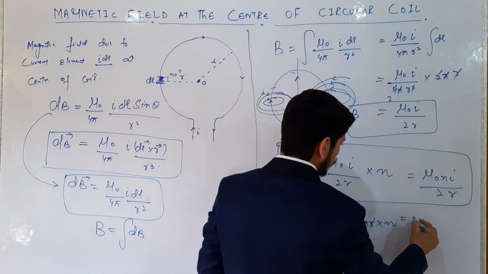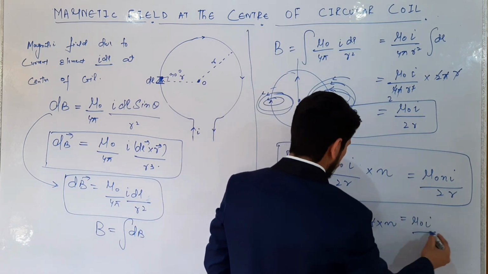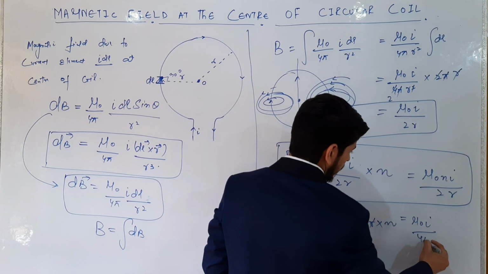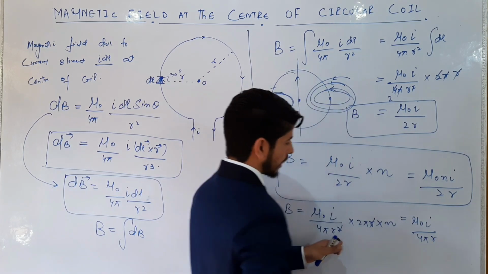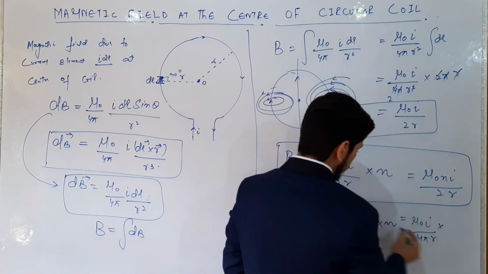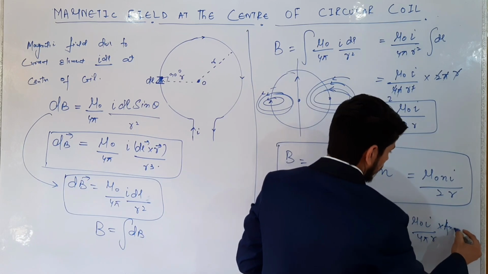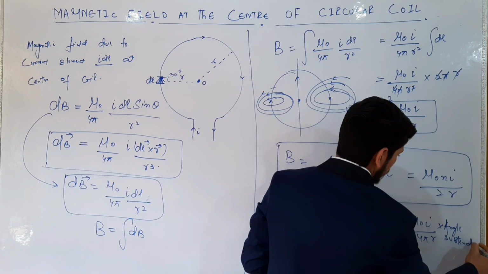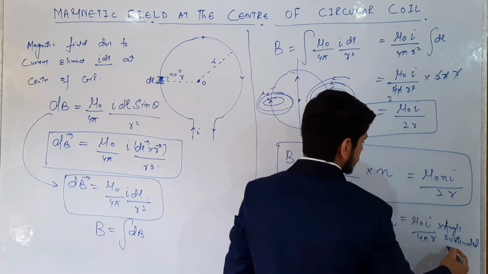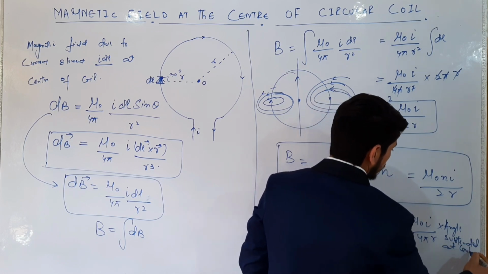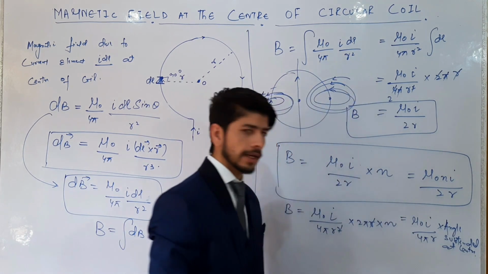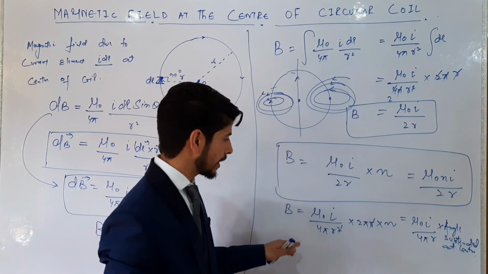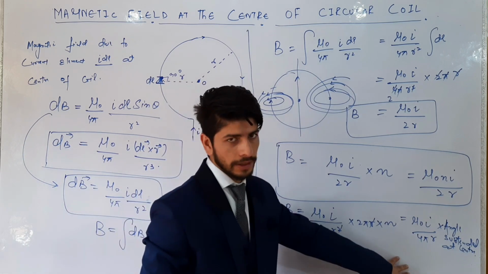It will be mu naught I upon 4 pi r into 2 pi n. What is 2 pi? It's the angle subtended by the coil at the center. If you know the angle subtended, you can calculate what will be the magnetic field.